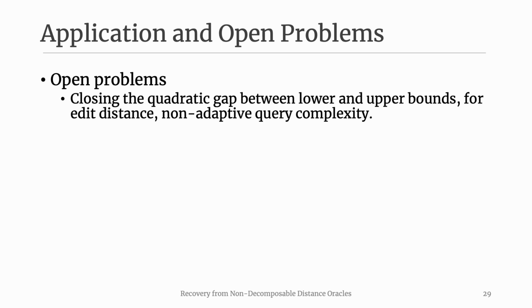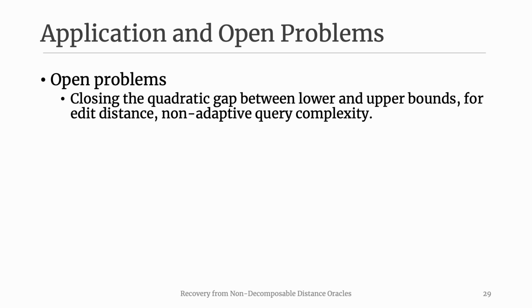I would also like to mention the open problems that we do not have perfect solutions to. First, on edit distance, the lower bound, which is the one given by information theory, is Omega(n), while the best upper bound for non-adaptive queries is square root, if we are restricted to a binary alphabet.